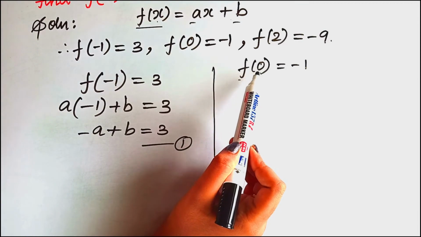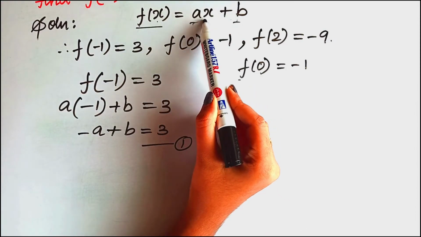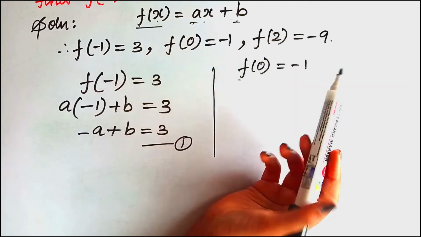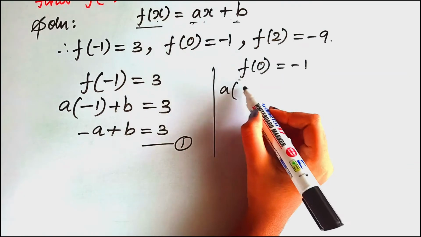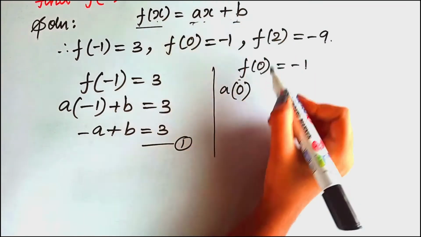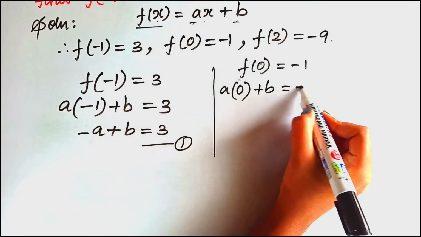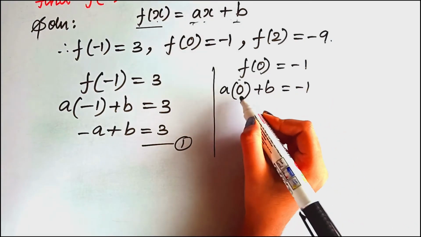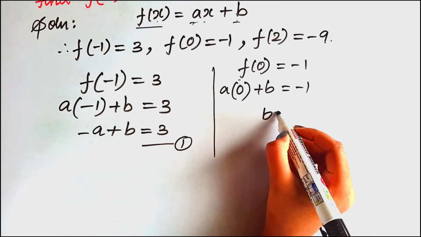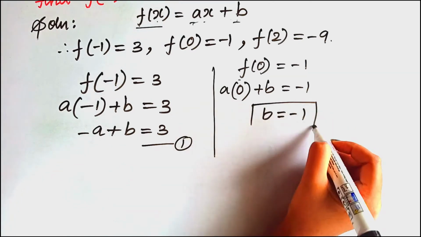So in this equation, in the place of x you have to substitute 0. Here there is an a, so a(0) + b = -1, right? And a into 0 is 0, so b = -1. So we have found the value of b.